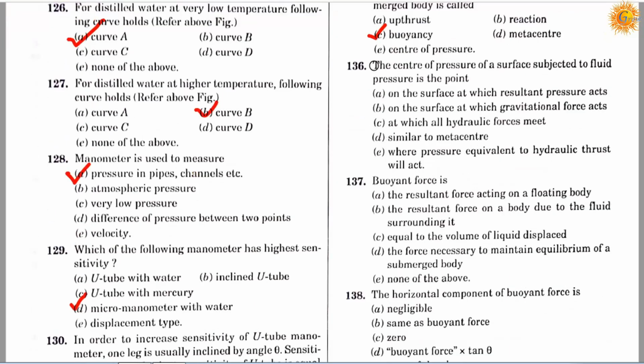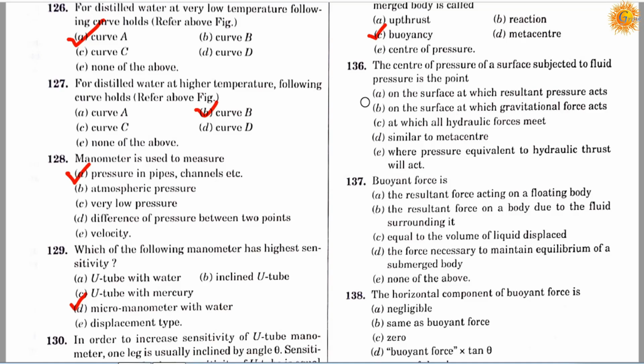Question number 136. The center of pressure of a surface subjected to fluid pressure is the point: option A, on the surface at which the resultant pressure acts; option B, on the surface at which gravitational force acts; option C, at which all the hydraulic forces meet; option D, similar to the metacenter; and option E, where pressure equivalent to hydraulic thrust will act.